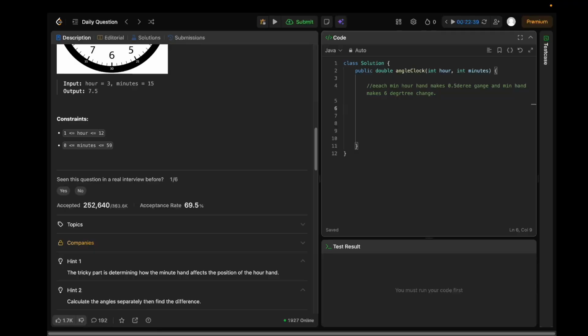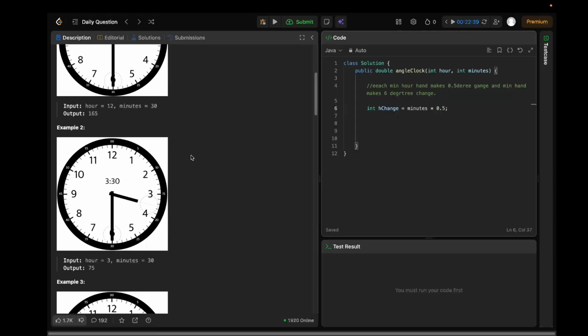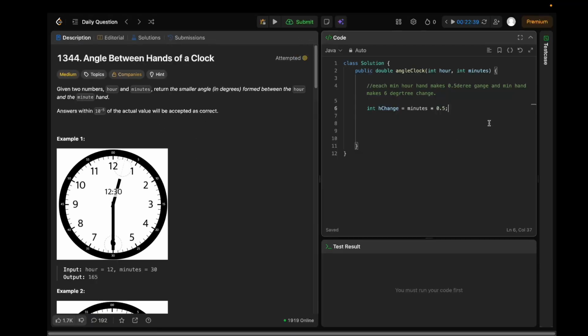So what do we do? Integer hour change is equal to minutes multiplied by 0.5, right?